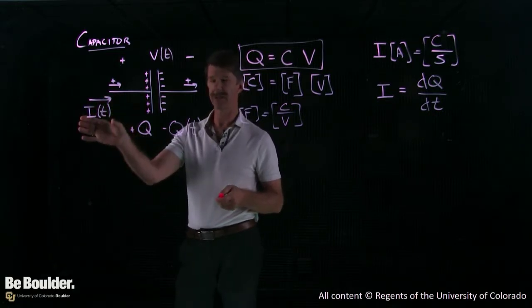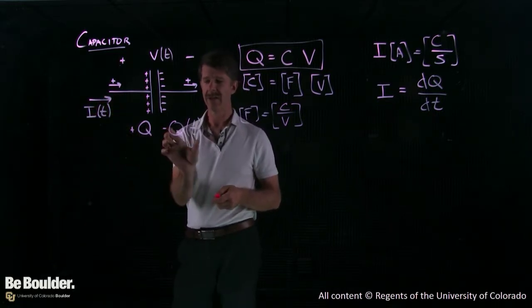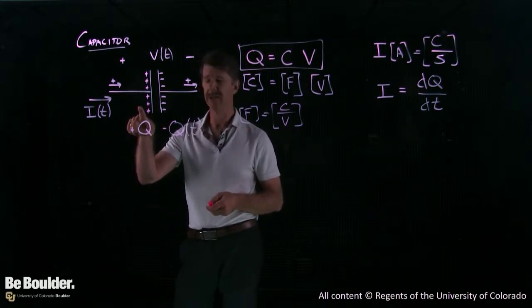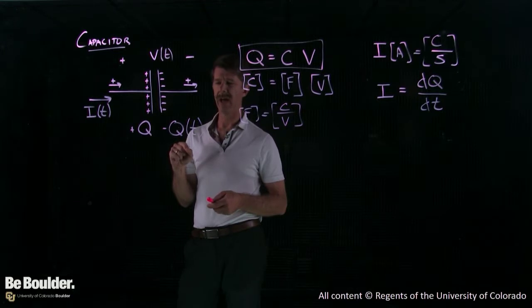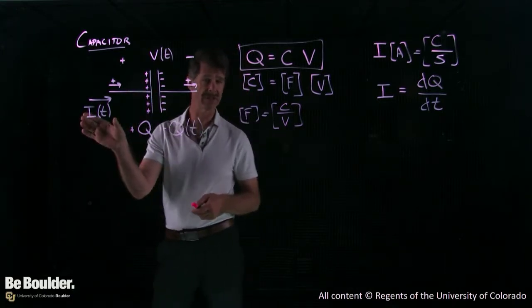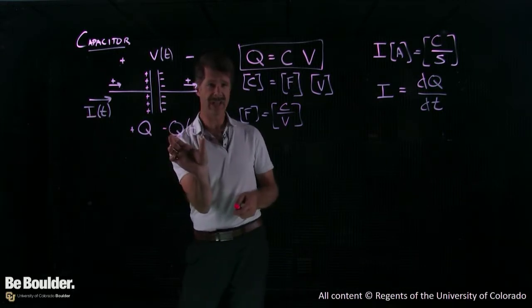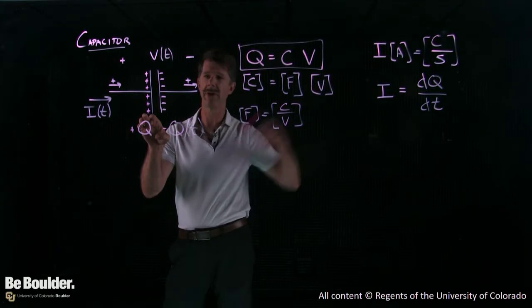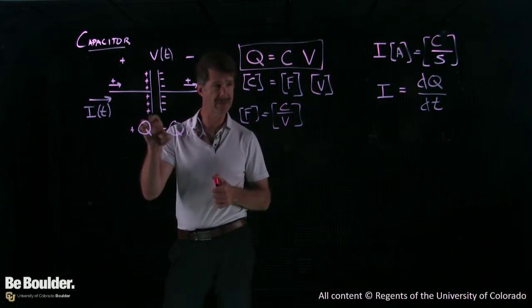If there's a constant current coming into the device, the charge must be building up linearly, because remember, the charge can't go anywhere. If we have zero current on the device, we could still have a fixed charge, it's just not changing. Both of those should make sense as derivatives.